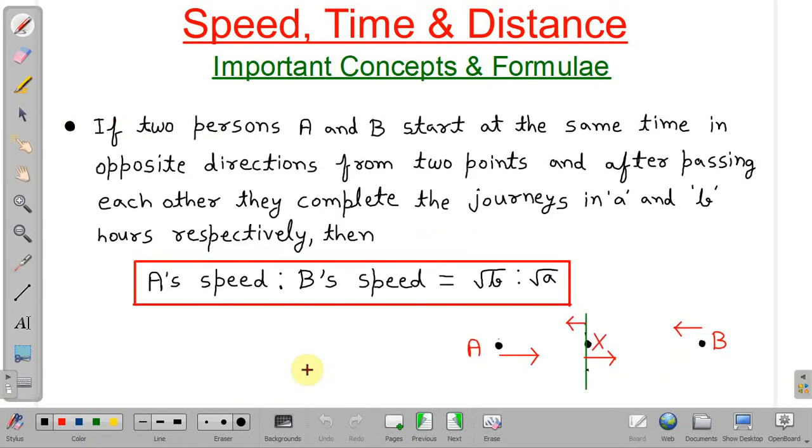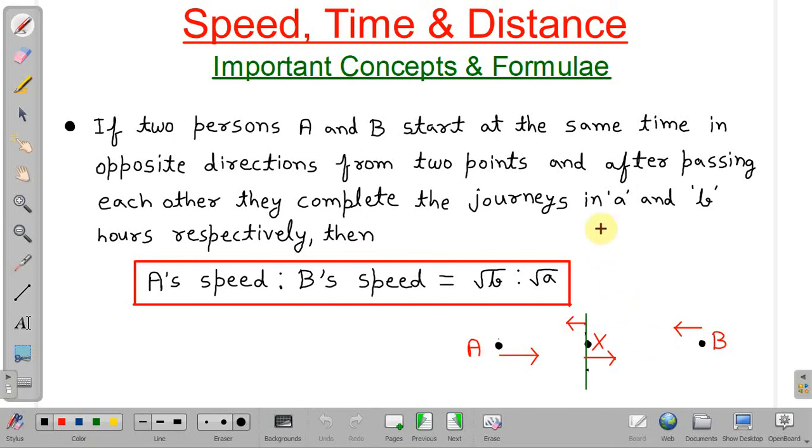Consider this case. Two persons A and B start at the same time. Here it is person A and here it is person B. They start at same time in opposite direction. So A is moving in this direction and B is moving in this direction.